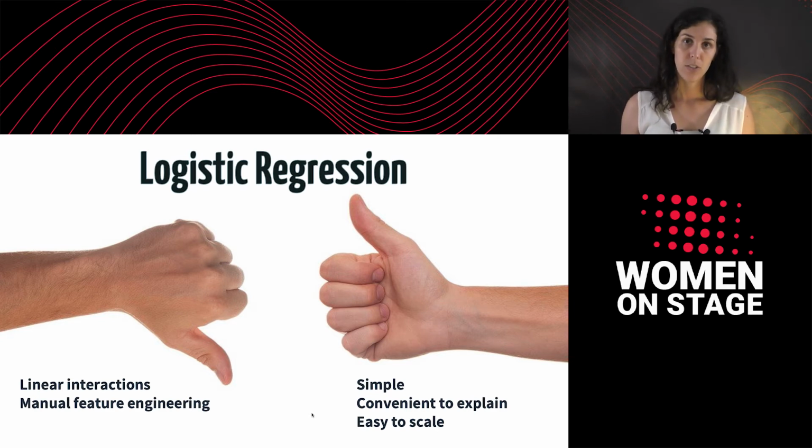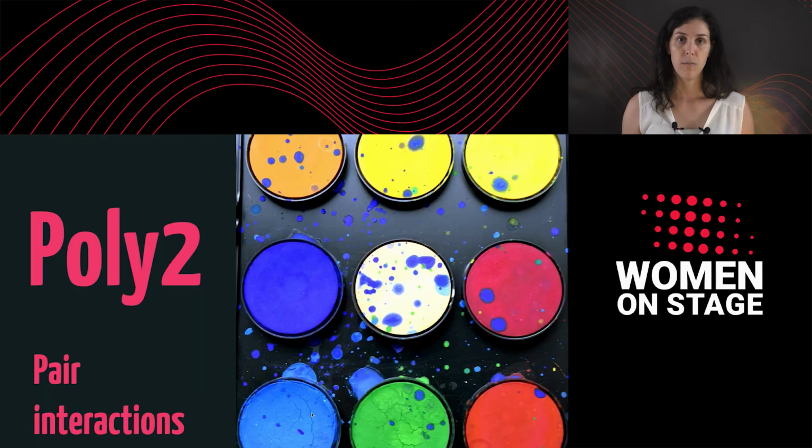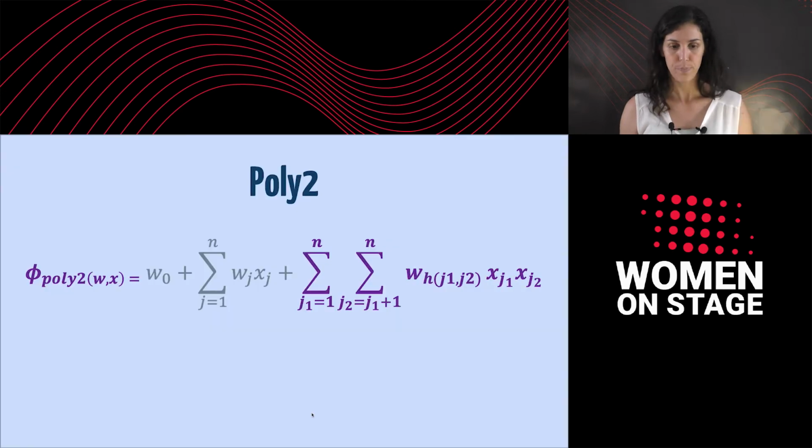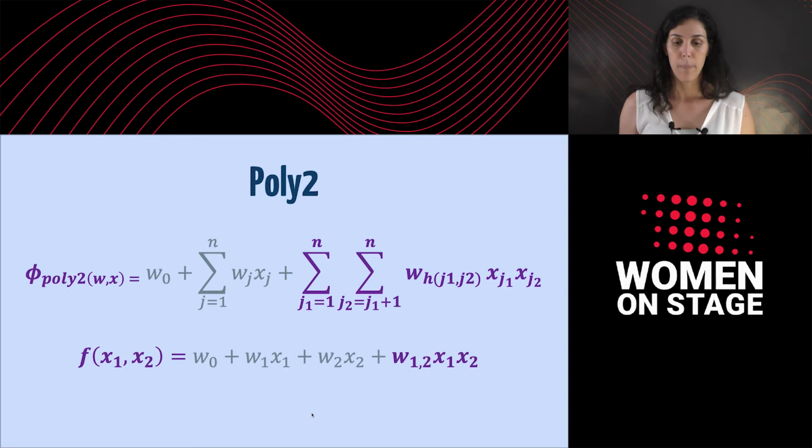And this brings me to our second algorithm called Poly2. Poly2 has the same linear equation as in logistic regression, but now it has a nonlinear term as well. Again, I'll simplify this equation, but what we see here is a combination of all feature pairs, and every feature pair has its own weight, so it's a weight of both features.